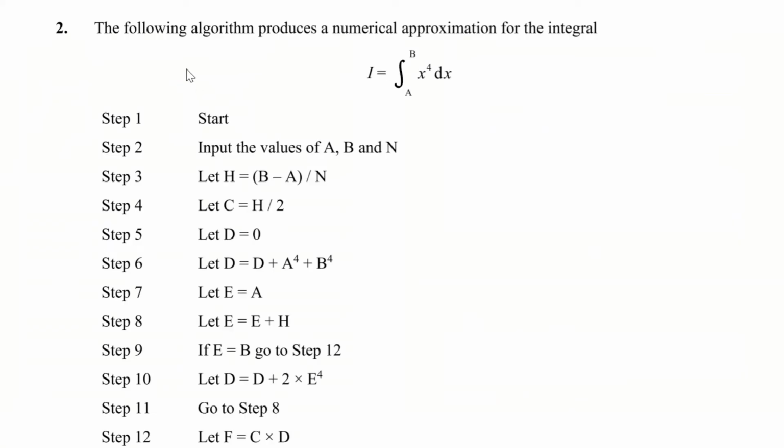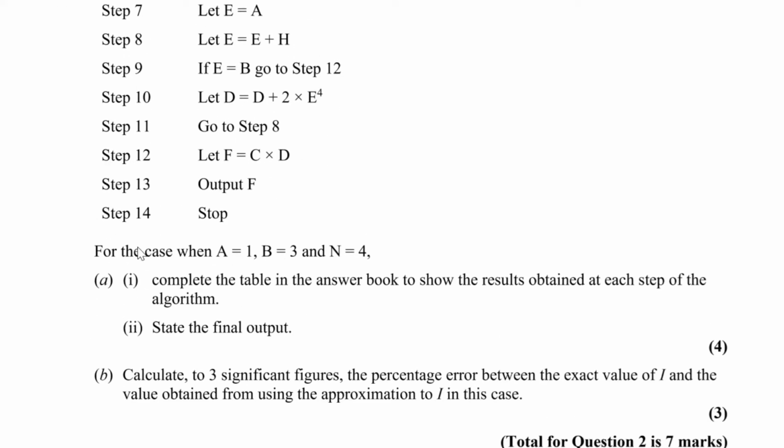Question number 2. The following algorithm produces a numerical approximation for the integral I equals the integral from a to b of x to the 4 with respect to x. The steps of the algorithm are shown, and for the case when a equals 1, b equals 3 and n equals 4, we have to complete the table in the answer book to show the results obtained at each step of the algorithm.